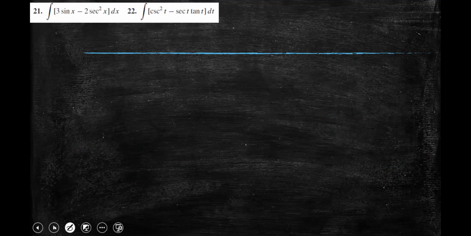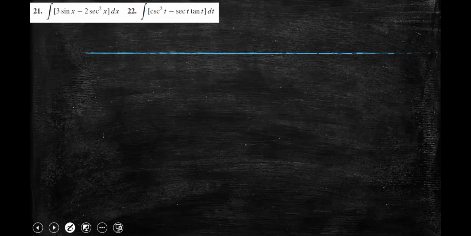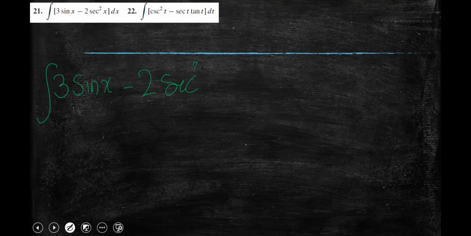Here in number 17, 18, 19, and 20, I will come back a bit later. They have the same idea. I want to solve the sine and cosine. Look at this one here: the integration of 3 sine x minus 2 secant squared x dx.